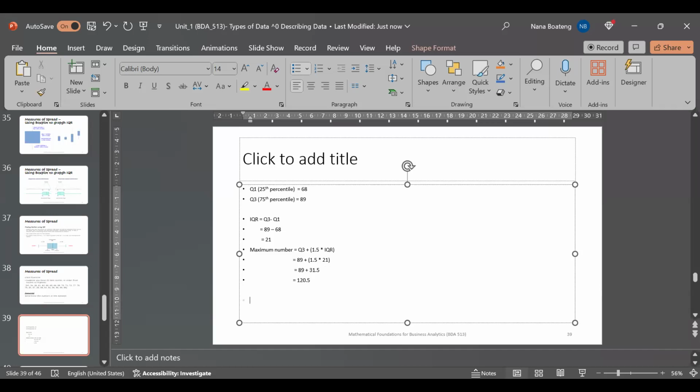So now let's check our minimum number. Our minimum number is Q1 minus 1.5 times IQR, yeah?